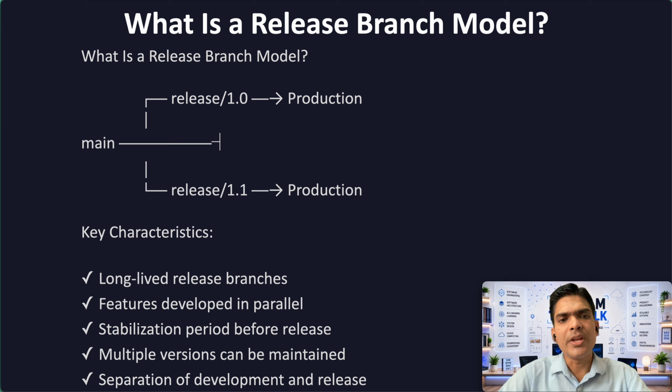Multiple versions, you can maintain release branches with multiple versions such as 1.0, release branch 1.1, 1.2, 2.0, like that. And it can maintain them simultaneously. Separation of development and release, clear boundary between the new work and the release preparation.